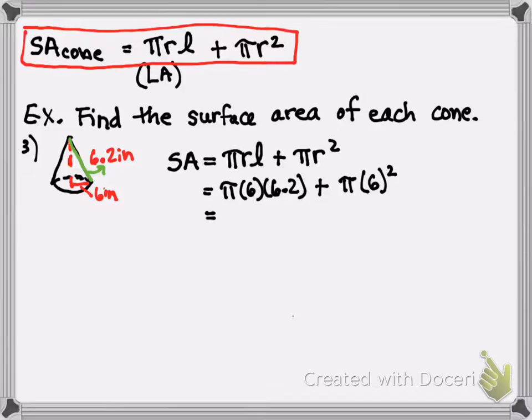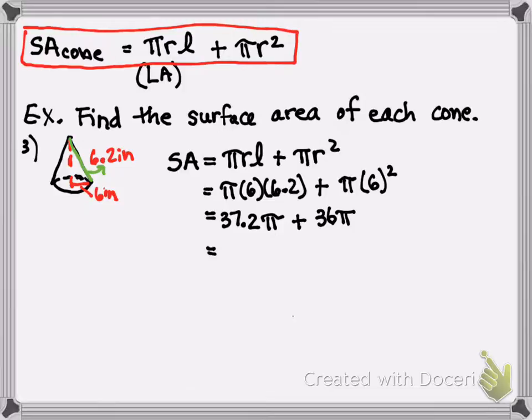Well, 6 times 6.2, I get 37.2. There's one digit after the decimal point, and then the pi. Over here, 6 squared is 36, and I have pi. Okay? Is there an issue? No?